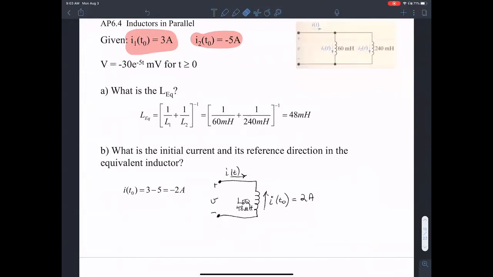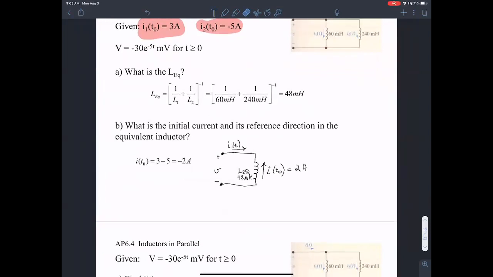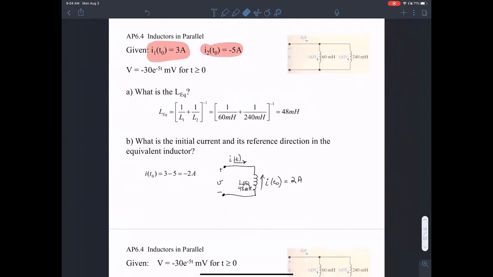Their equivalent inductance is (1 over L1 plus 1 over L2) whole inverse. It's a simple problem. What is the initial current and its reference direction in the equivalent inductance? You apply the initial condition of 3 amperes that is given for I1 at t0, and it's easy to find the current.